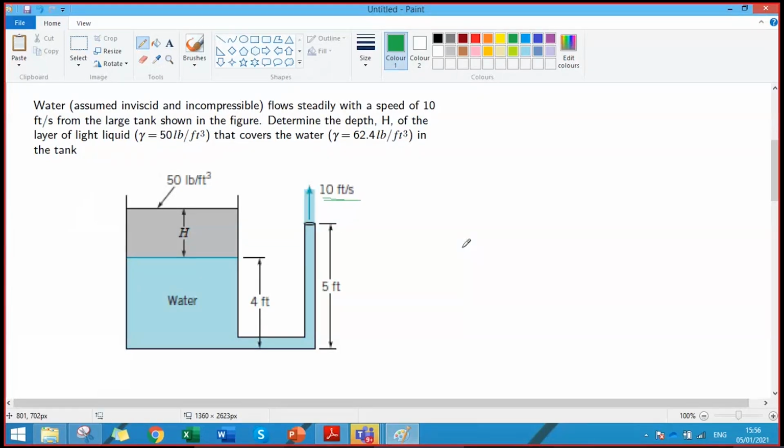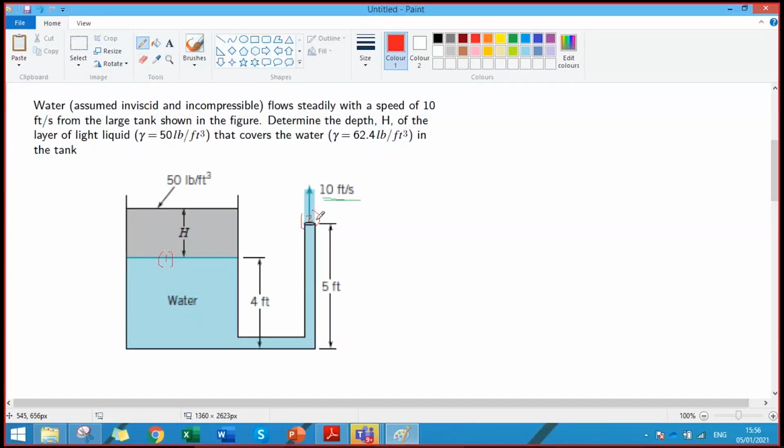So we will choose 2 points. Let's say this interface is point 1 and this exit is point 2. Since point 1 and point 2 are both in the same fluid, water, the total head at point 1 should be equal to the total head at point 2.